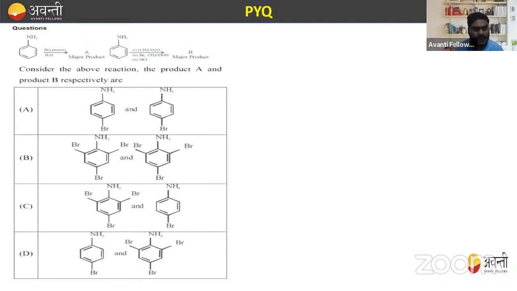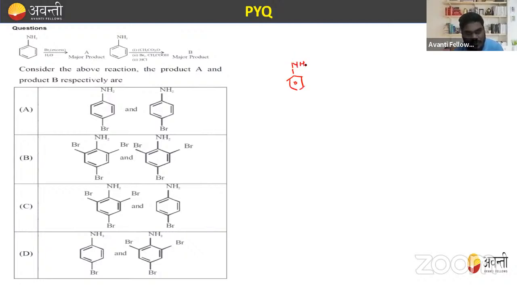Now you have to identify the correct reason for this conversion. That is, when the aniline is treated with aqueous Br2, A forms, then A is treated with acetic anhydride, then the formation of B takes place. You have to identify which one is A and which one is B. So we know this one is very simple. We have done this type of question many times, right?